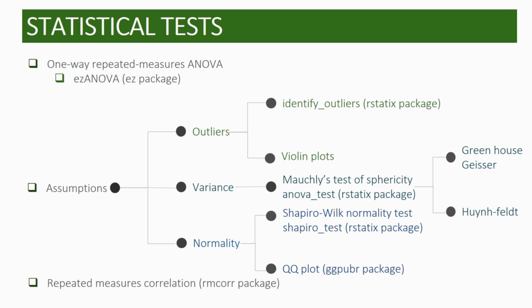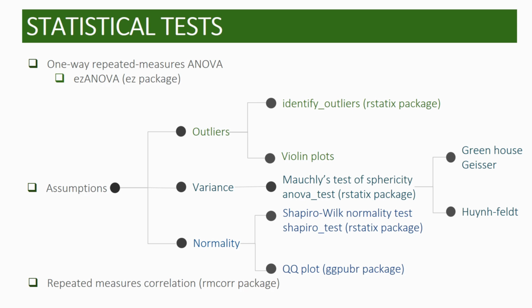After that, I've conducted the Shapiro-Wilk normality test and visual inspection using QQ-plot to check whether the dataset is normally distributed. Finally, I applied the statistical technique called repeated measures correlation to determine the overall within-individual association among paired measures.